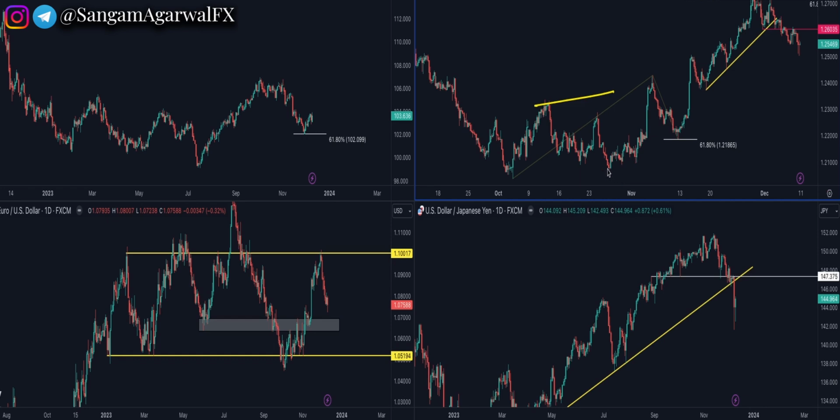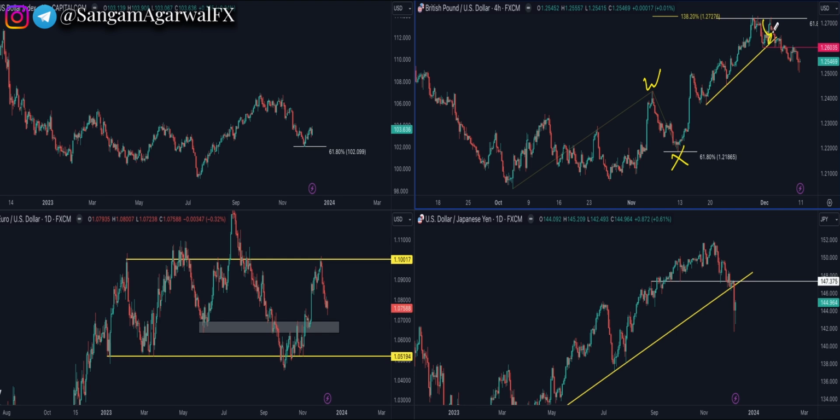Same with GBPUSD. Like I said, 1.27 is big resistance, double top, neckline breakout, small retest and new lower low. You can see wave Y exactly 38% projection, double top, and because of strong dollar it is going down.